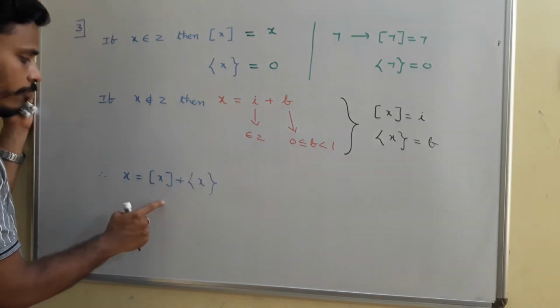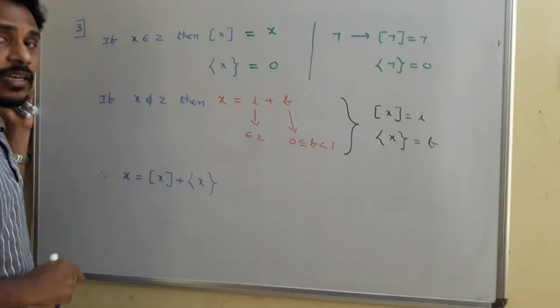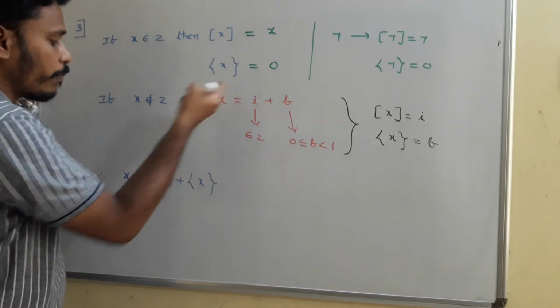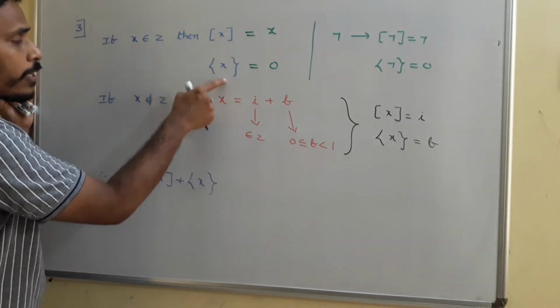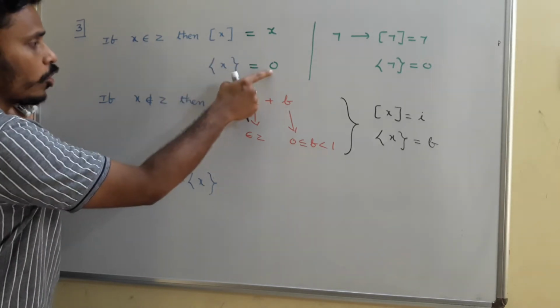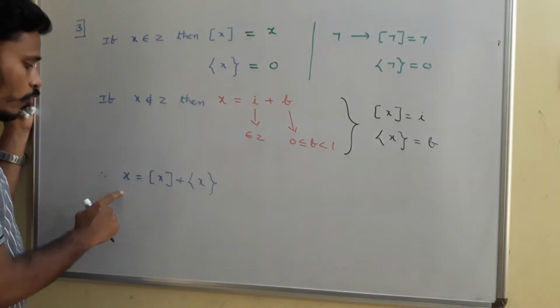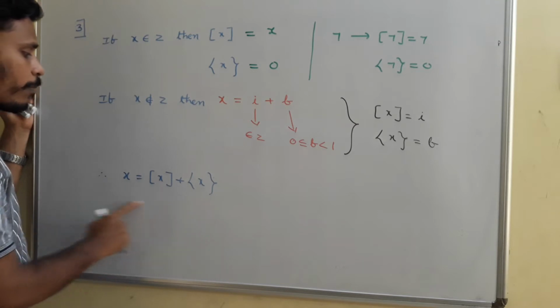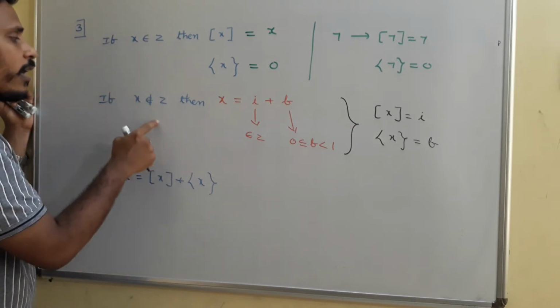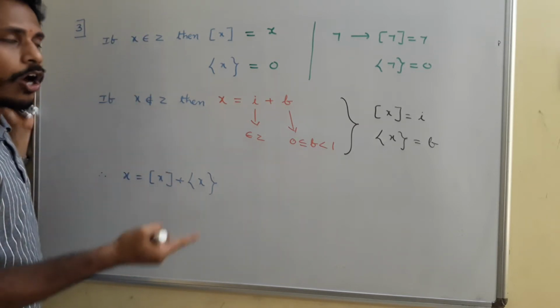In the case where x is an integer, floor x is x itself, so floor x plus fractional part of x is x plus 0, which is directly x. So x is equal to floor x plus fractional part of x is true in both cases, whether x is an integer or not.